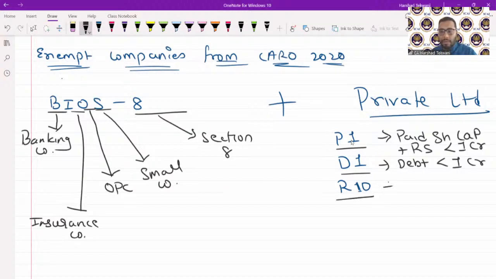And R10: total revenue, including discontinued operations, during the financial year should be less than rupees 10 crore.